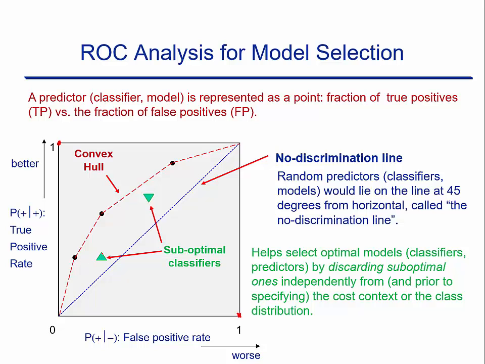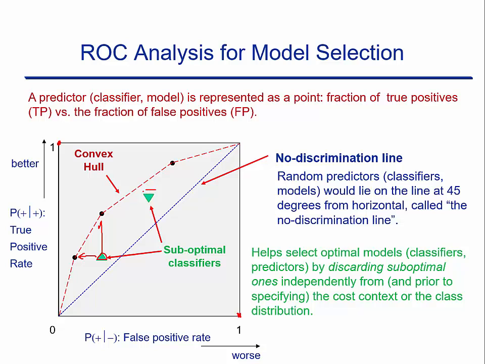For example, if we look at this green triangle, its TP rate is worse than the point above it, and its FP rate is worse than the point to its left. So this green classifier is suboptimal and should be excluded. We should not choose this classifier for our end task.